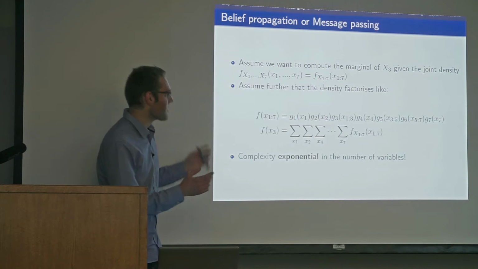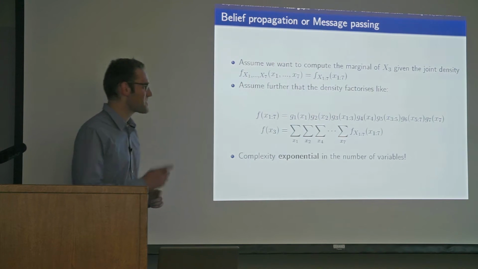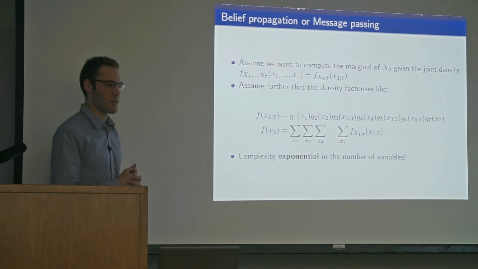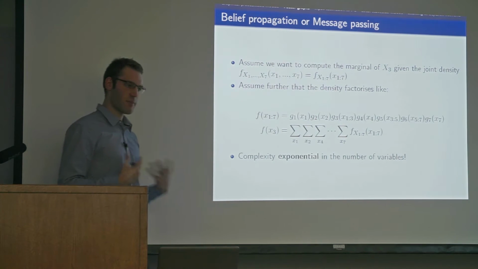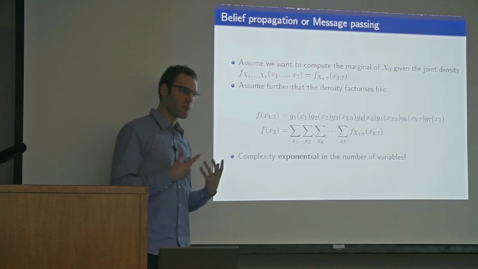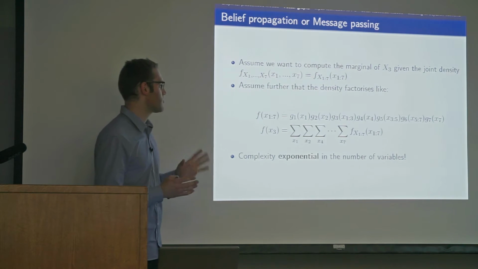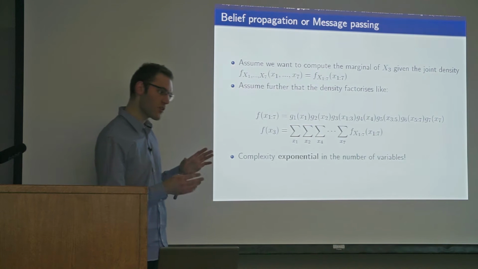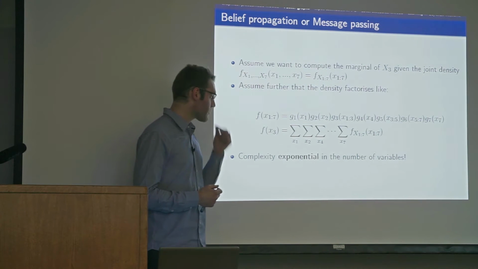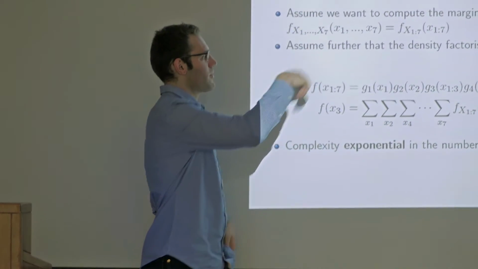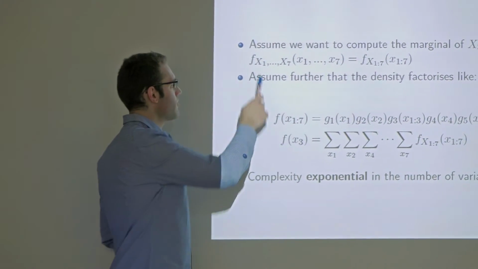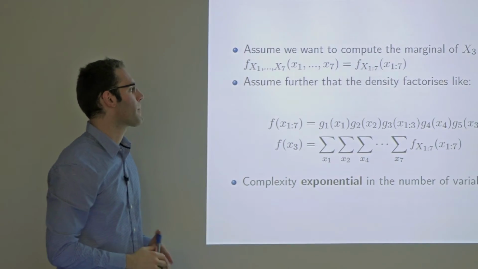And less funny, more serious: belief propagation on factor graphs. As I said, this message passing, especially the sum product message passing, can be used to compute marginals by summing out all the other random variables in the factor graph. We have this joint density, a model with 7 random variables, x1 up to x7.